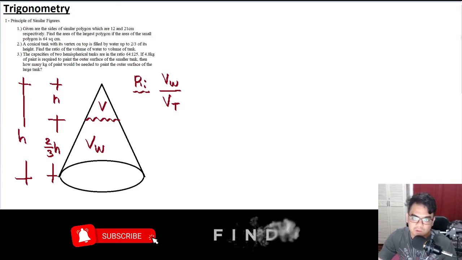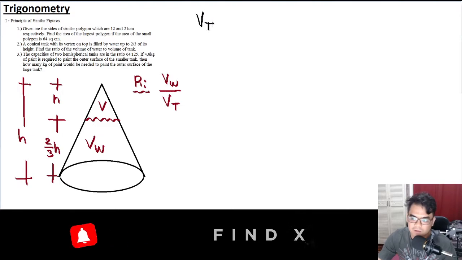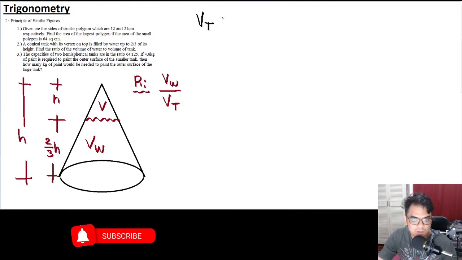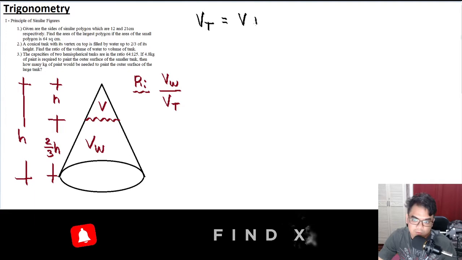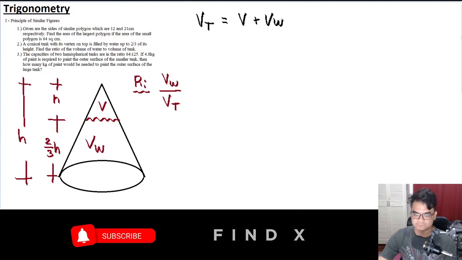So what we will do is the volume of the tank will be equal to the volume of the V part plus the volume of water.